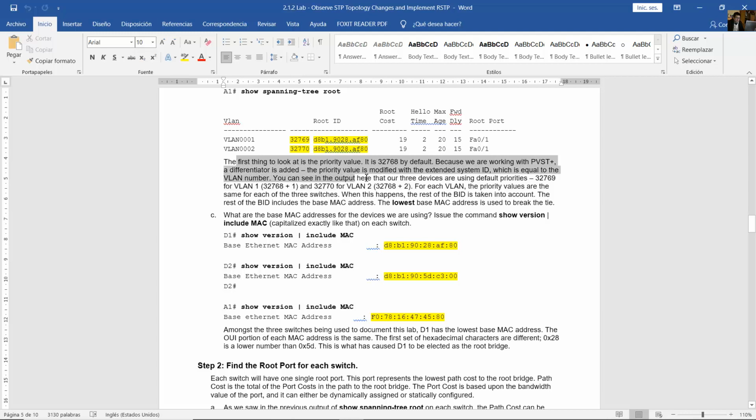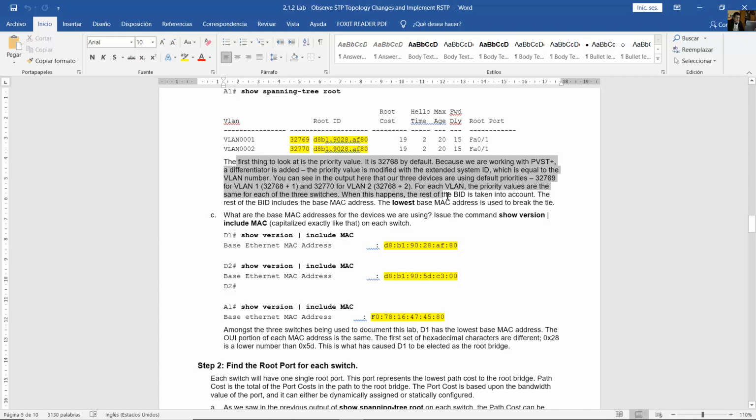You can see in the output here that our 3 devices are using the priorities 32,769 for VLAN 1, that is 32,768 plus 1, and 32,770 for VLAN 2, that is 32,768 plus 2. For each VLAN, the priority values are the same for each of the 3 switches.